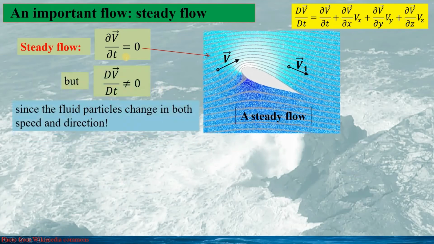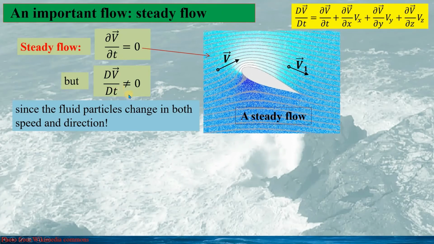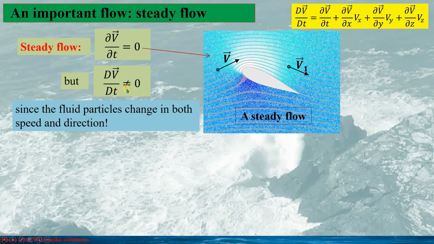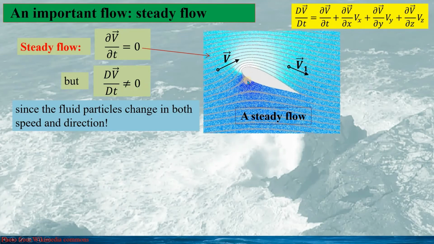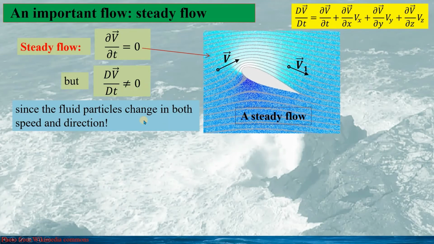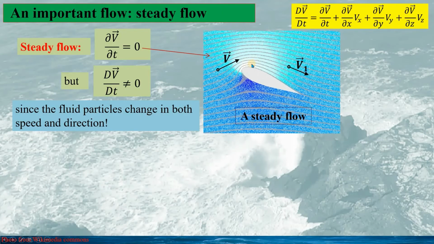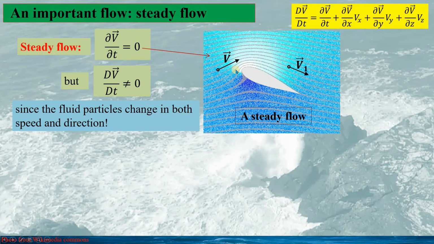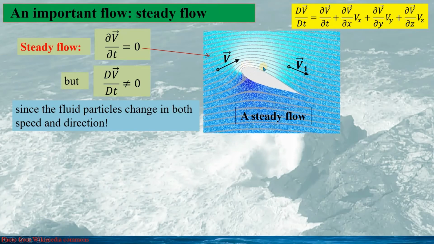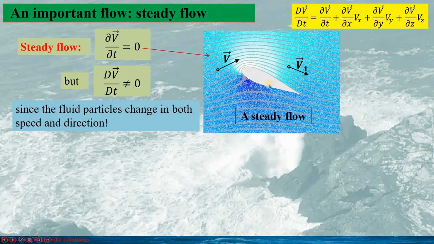For a steady flow, its substantial acceleration is generally not equal to zero. Since if we look at the flow particles, we can see the flow particles will change the speed and direction when they move close to the airfoil.